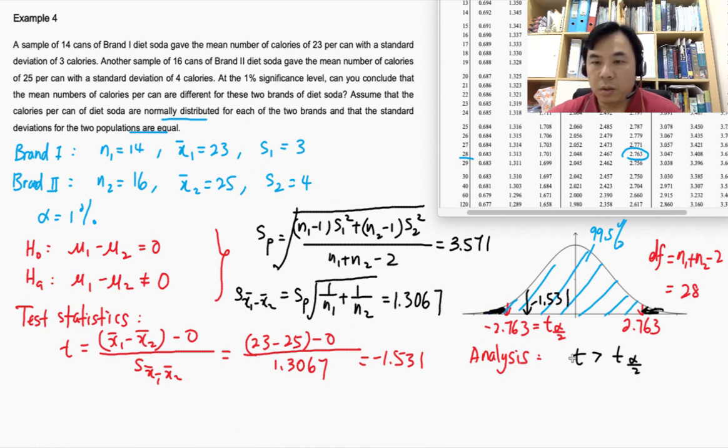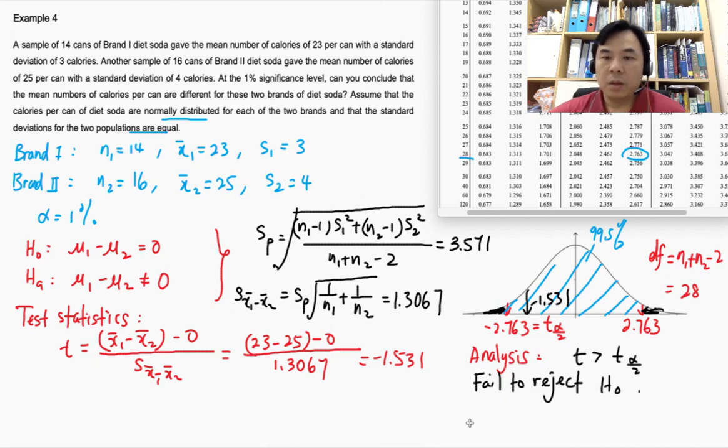So therefore, we would fail to reject our null hypothesis. Now knowing that we fail to reject our null hypothesis, we can conclude that there is no difference in the mean numbers of calories between these two brands, brand 1 and brand 2.